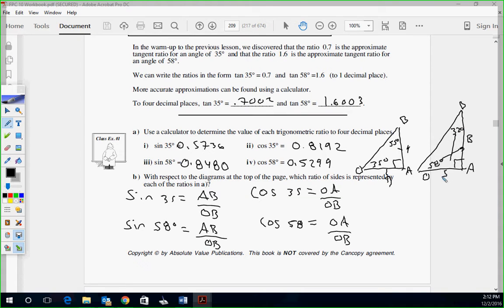Bigger over hypotenuse, would you expect that to be a bigger decimal or smaller? If I had 2 over 5 and then I took a bigger number on top and put 4 over 5, which one's bigger? So we're expecting this guy to be bigger for sine. Was it? Yes.